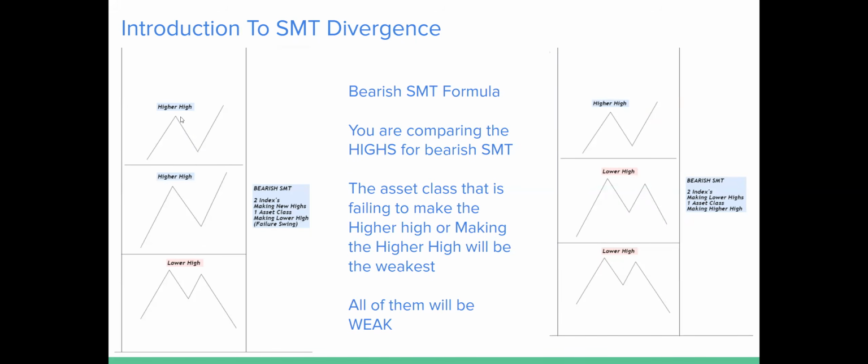And then again, you could have ES failing to make the higher high, and you could have these 2 making the lower highs. So if you look on the right side of the curve over here, this is another bearish SMT formula. So there's only 2 of them that are going to play out. And I know this may be a little bit confusing for some newer students, but I promise you, if you practice this and you pay attention to it, it's really, really useful.